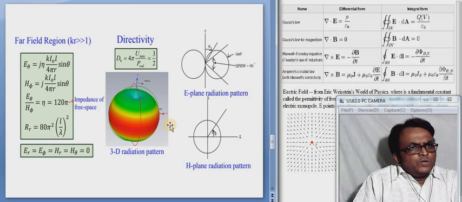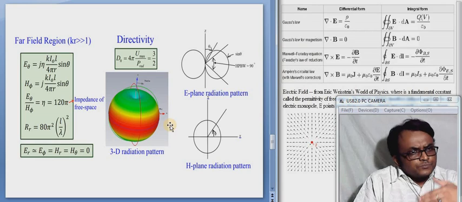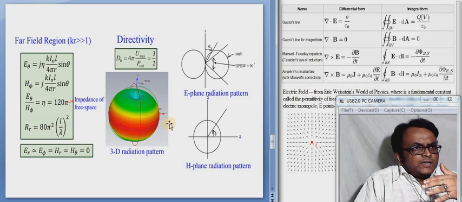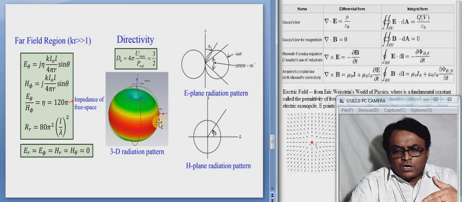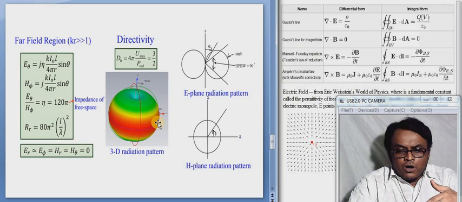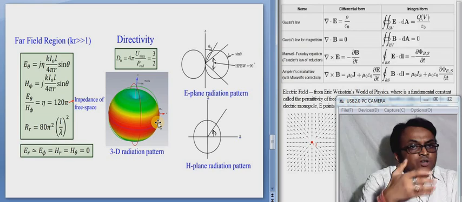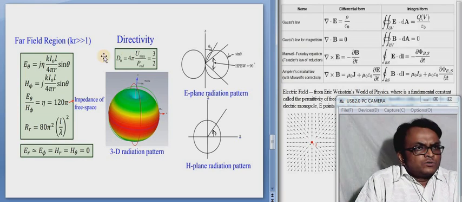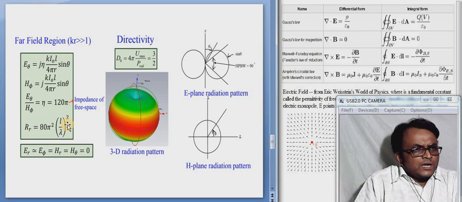Now we are going to define the other antenna parameters like directivity, gain, or radiation resistance. The radiation resistance for a Hertzian dipole antenna is basically 80 pi square into dl by lambda whole square, where the E field and H field are given here.